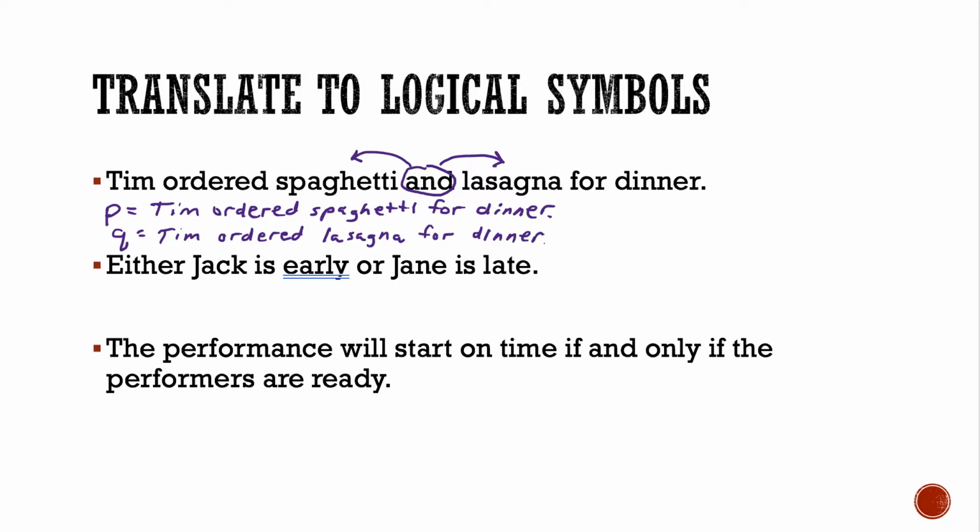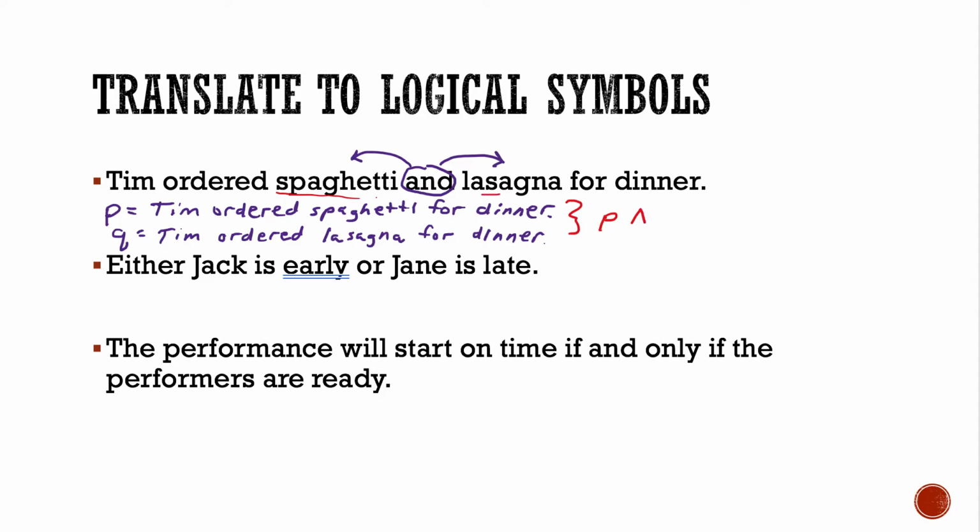Now, once you've identified the P and the Q, you're ready to write it in terms of logical symbols. So what we're going to do now is we're going to take these two statements and we're going to write it this way. We're going to say that the statement starts with a P. It starts by talking about the spaghetti. Then we have the connective and, so we'll use the symbol for and.